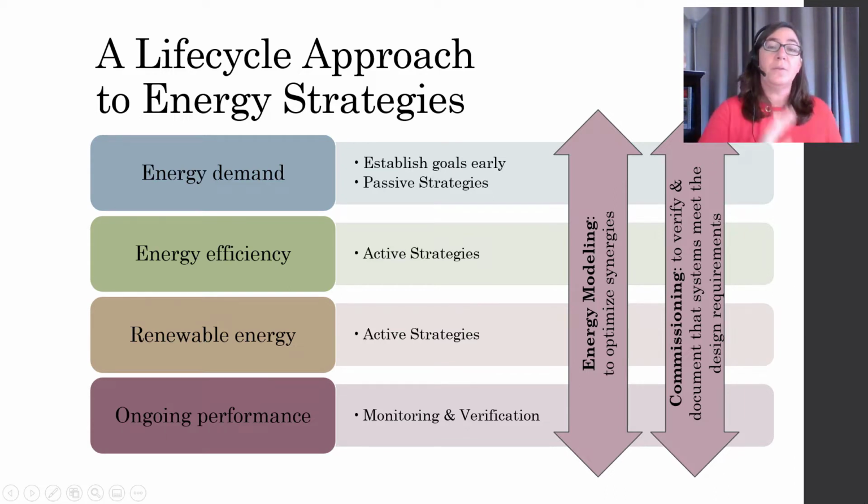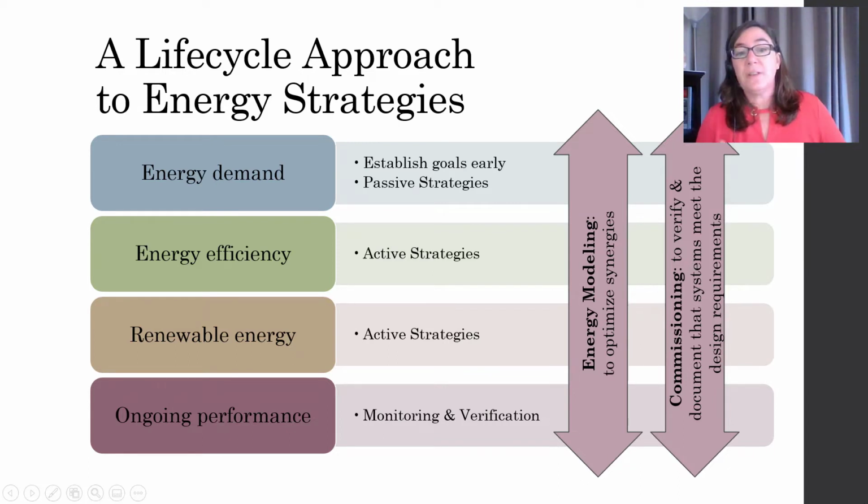All right. So think about those four different strategies covered in the LEED energy and atmosphere category. You can think about the energy demand strategy typically happening earlier in the project. You need to establish those energy goals early and consider using passive strategies, again, to reduce energy demand.